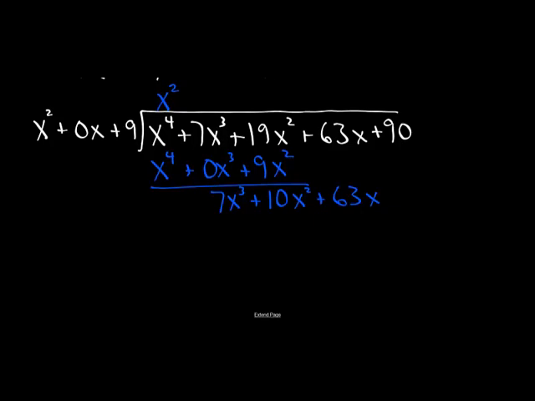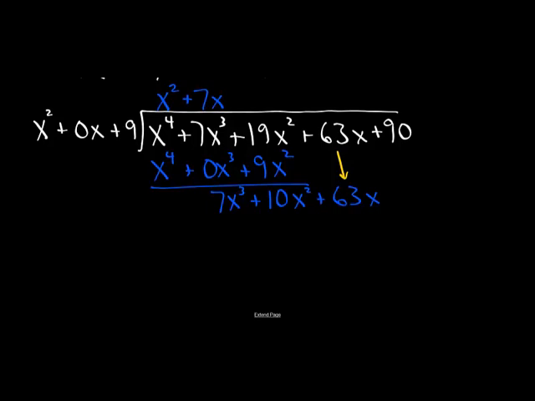So I just brought this down. Okay, now I'm going to divide x squared into 7x cubed, and that's going to give me 7x. Okay, now let's see what I've got here.